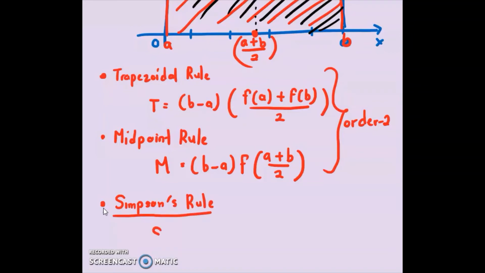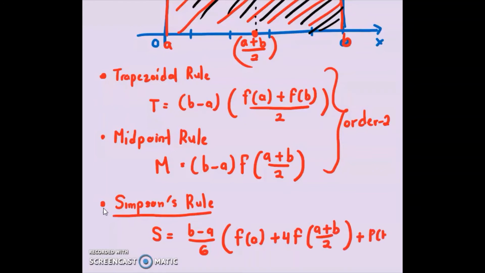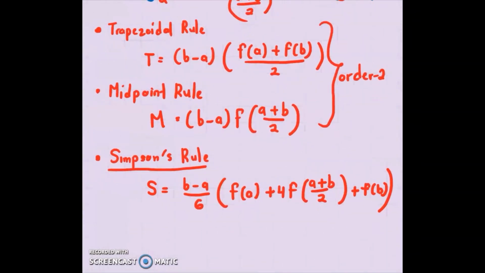It's given by S equals (b minus a) over 6 times f(a) plus 4 f of (a plus b) over 2 plus f(b). So this is Simpson's rule, which is order 4.